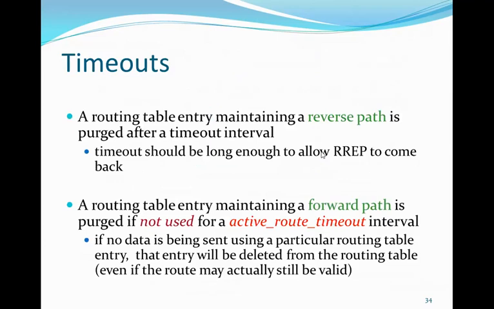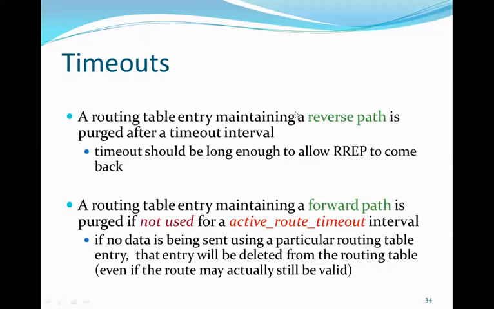Sometimes there may be a timeout, which results in a path being used or not used for a longer period of time. A routing table entry maintaining a reverse path is purged after a timeout interval, and therefore the timeout should be long enough to allow the route reply to come back.